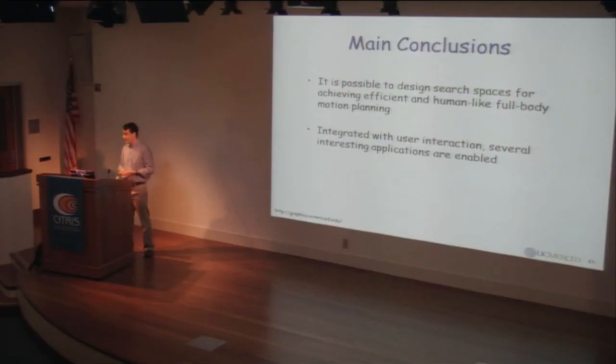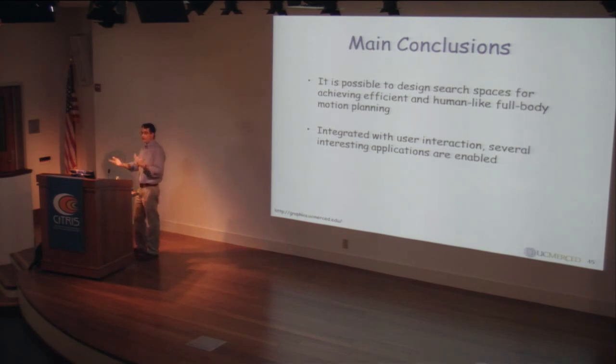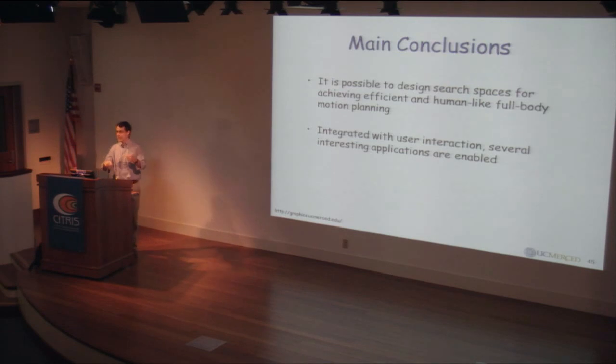Once we integrate that with some user interaction, then we have several interesting applications to explore with these interactions with virtual characters. So far, on the application side, I have just presented following motions and following exercises, but of course, more complex task execution could be added without much modification.